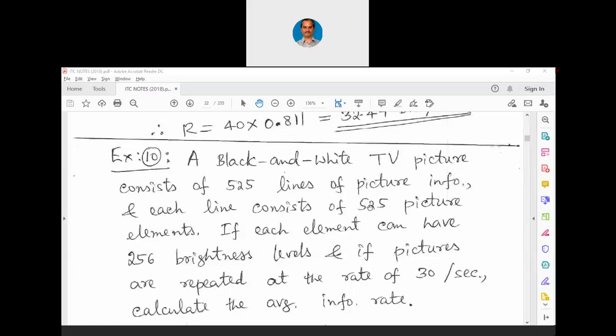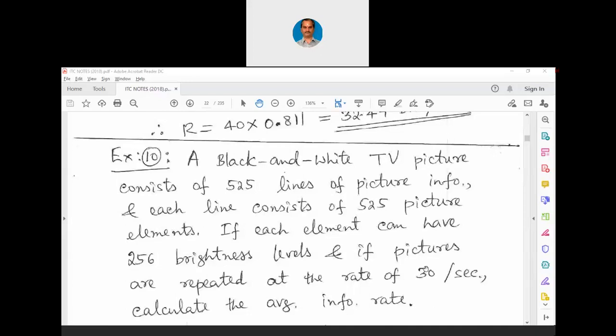So they will all occur with equal probabilities, but each pixel will have 256 brightness levels. Using this information, we have to find out the total entropy. And r_s is already given. It is 30 frames per second.